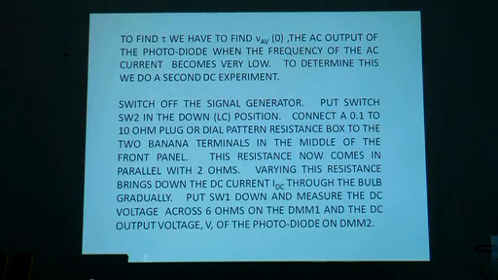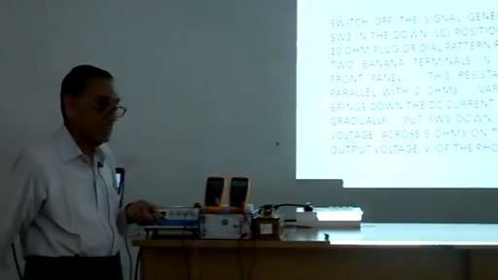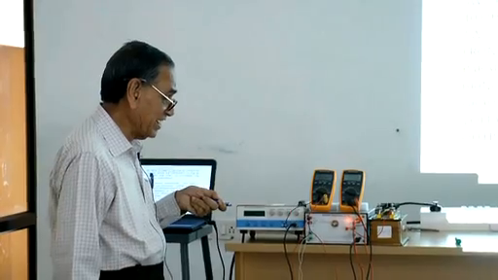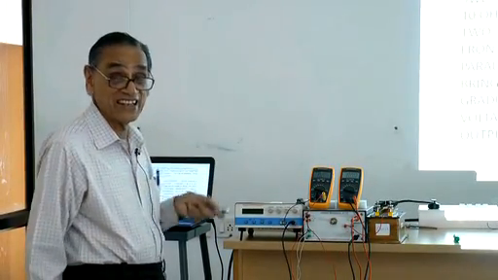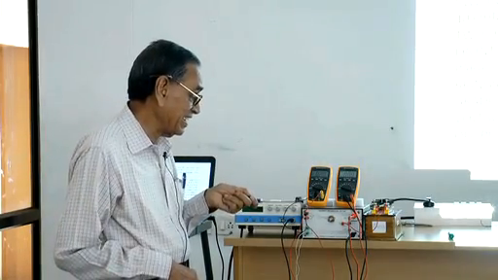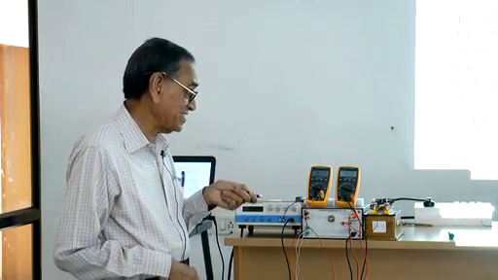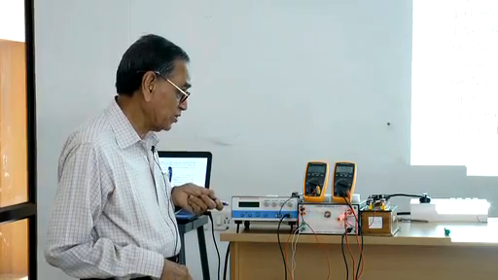I switch off the signal generator, I put this switch down and I put this switch down. When I put this switch down, then the 2 ohms resistor comes in parallel with this resistance in this box, which I have connected to these 2 terminals.